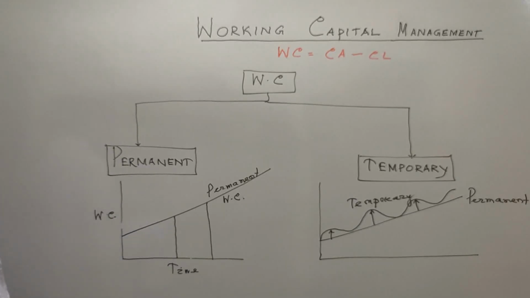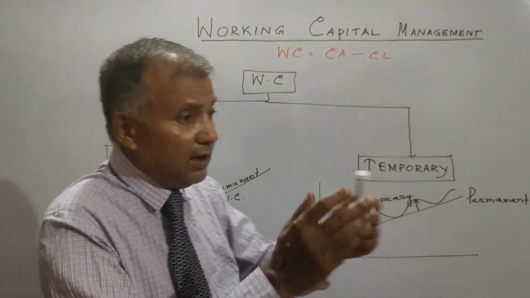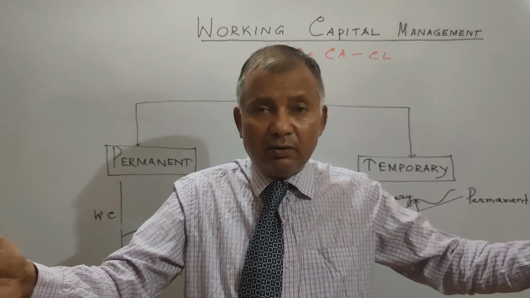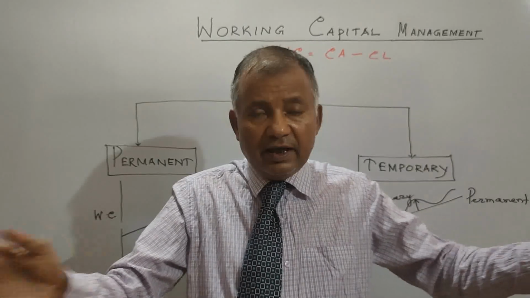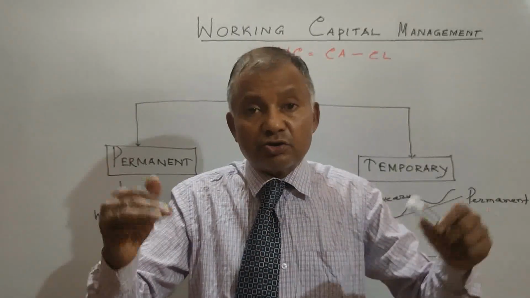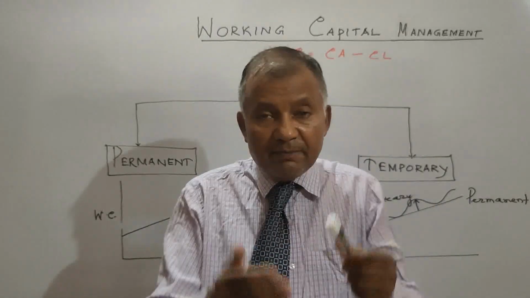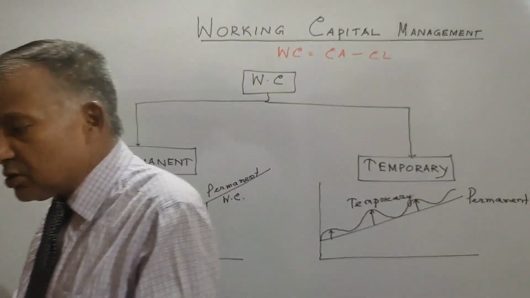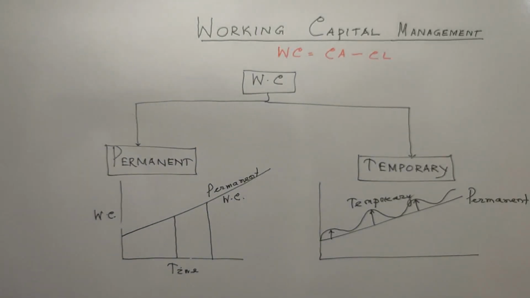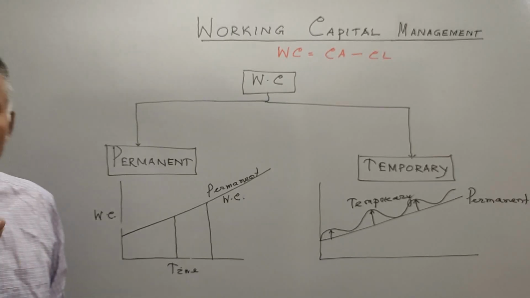Then, type of production process. If the production process is too long, then the need of working capital is huge. If the production process is too short, then the working capital need will be very less. Then inventory turnover.